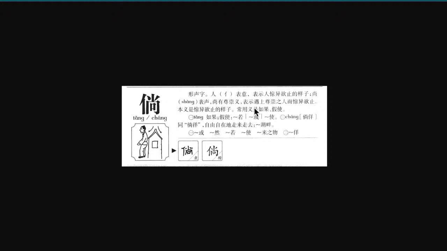The original character means the mental state when a person bumps into some highly respected person, and you will be in awe, just respect and admire that person. That's the original meaning. But that meaning is no longer in use nowadays. Nowadays it's only used to indicate sentence structure, which means "if".